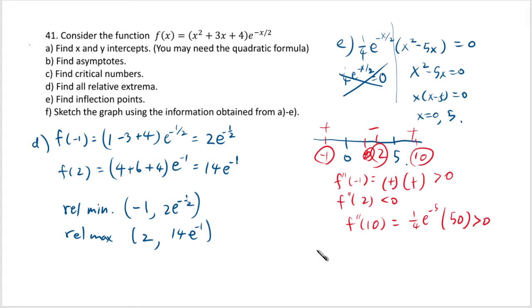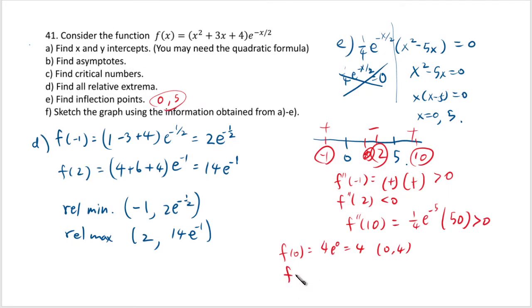And we actually have to compute the y-coordinates, because inflection points are points on the graph. When you plug in 0, f of 0 gives you 4 times e to the 0th power, which is just 4. So (0, 4) is an inflection point, which also happens to be the y-intercept, right?